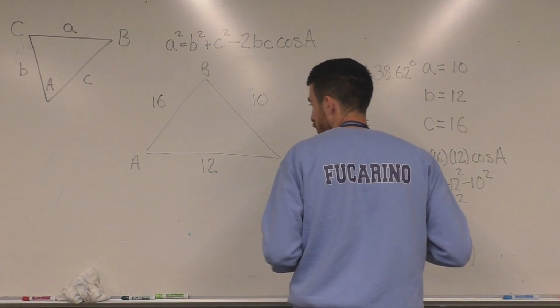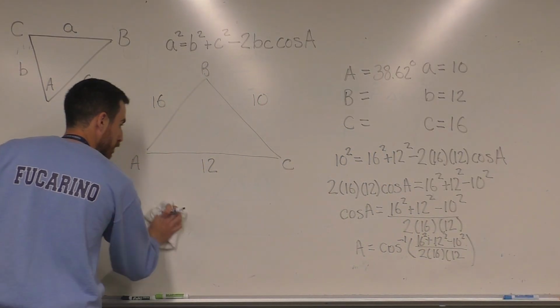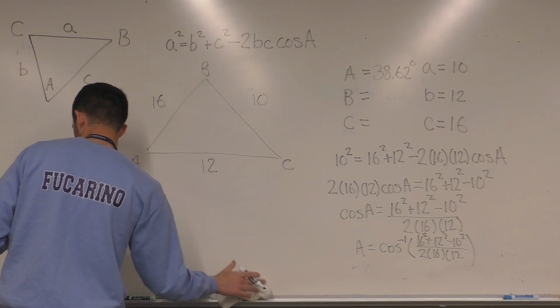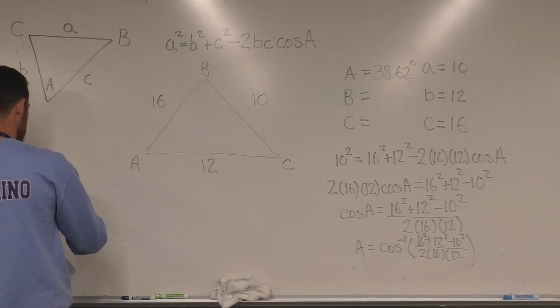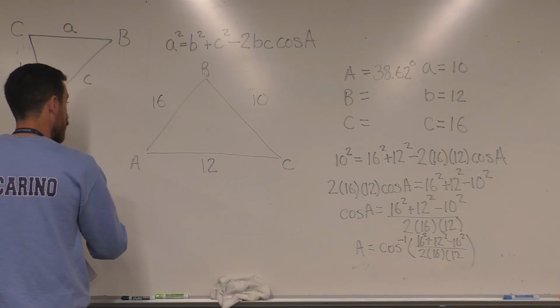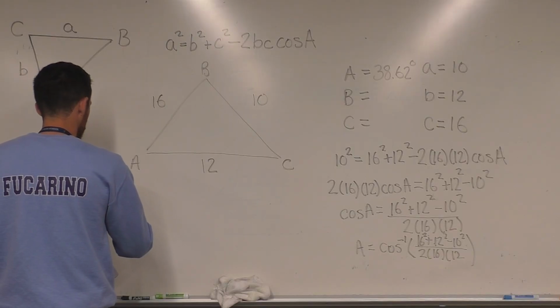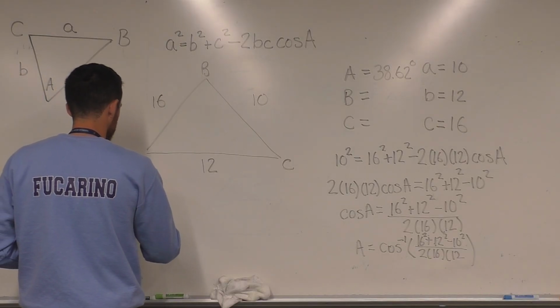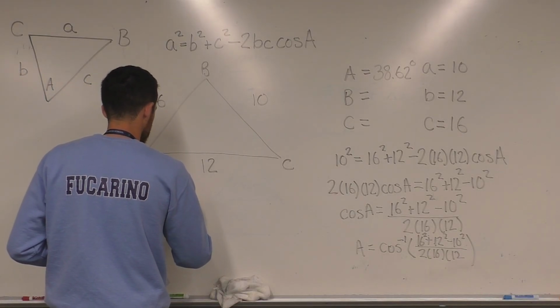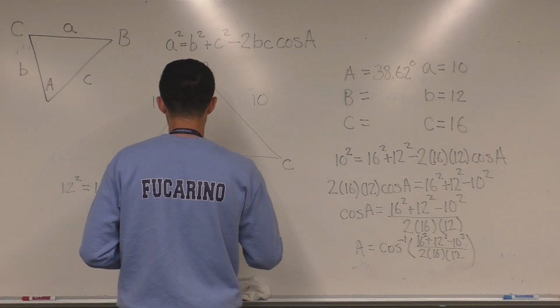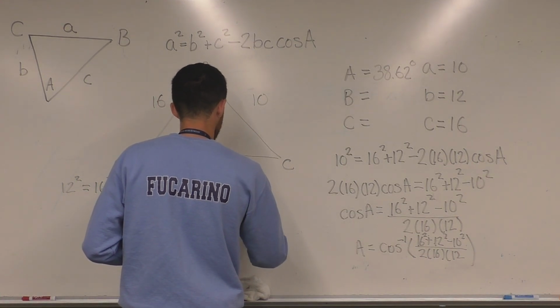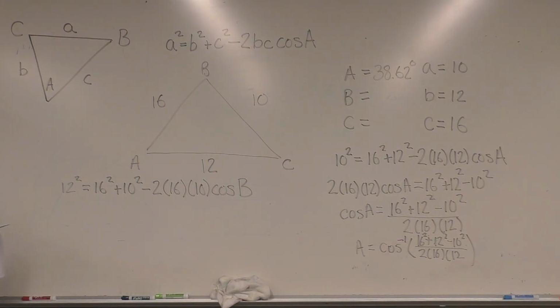What I did, and I might leave that work to you, is I did the same work to solve for angle B. No, I'll show you. 12 squared equals 16 squared plus 10 squared minus 2 times 16 times 10 times the cosine of B. You see what I mean?